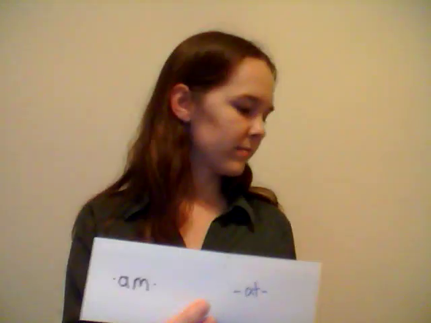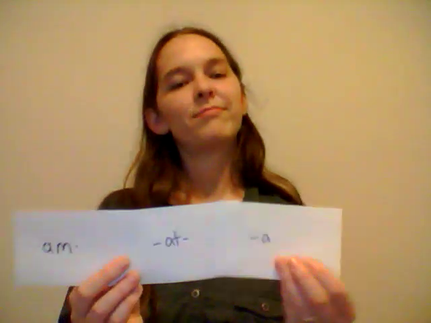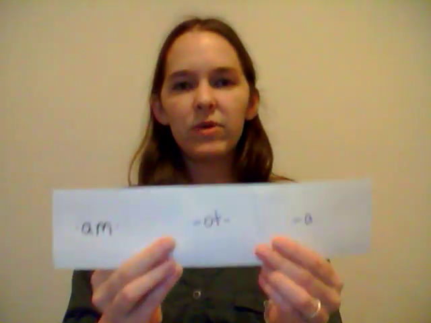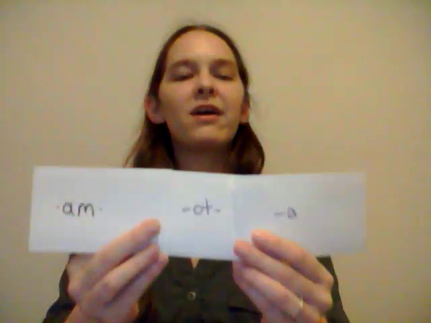Is describing someone that I currently love. Amato is the word beloved as a noun. Amata is beloved as an adjective. And amota is someone that you're definitely going to love someday. Maybe your future child is amota, is going to be loved.